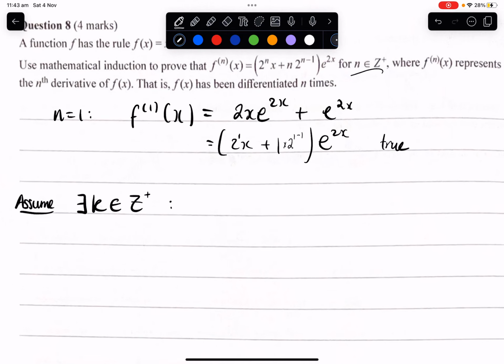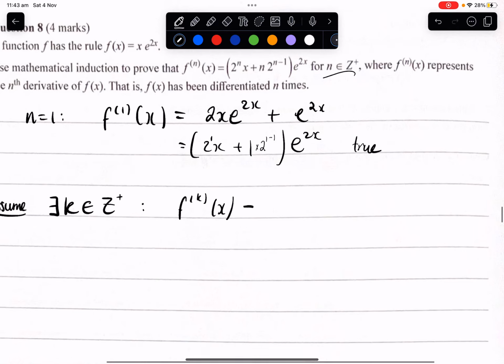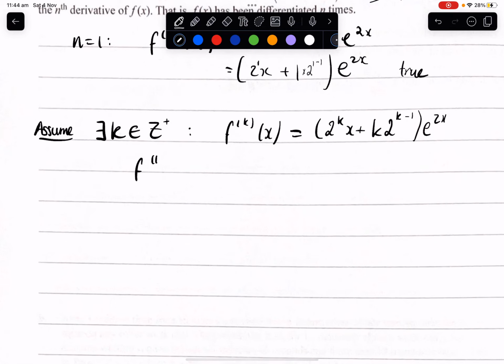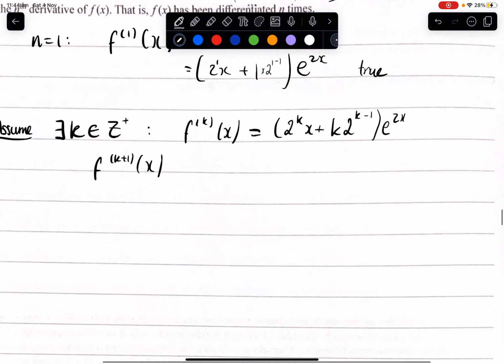So k is just n in this case, such that f to the power of k of x, not to the power, but you know what I mean, is equal to 2 to the k x plus k times 2 to the k minus 1, e to the 2x. So that means f to the k plus 1, that's what you need to prove now, is equal to something in the same form.